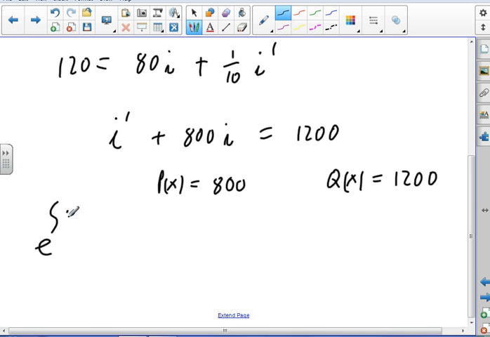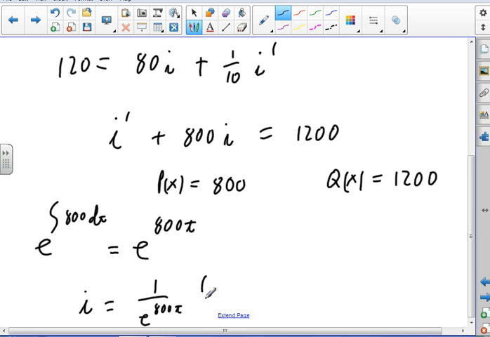E to the integral of 800, and we'll change the variable to time. E to the 800t. I is equal to 1 over e to the 800t times the integral of 1200 e to the 800t dt.